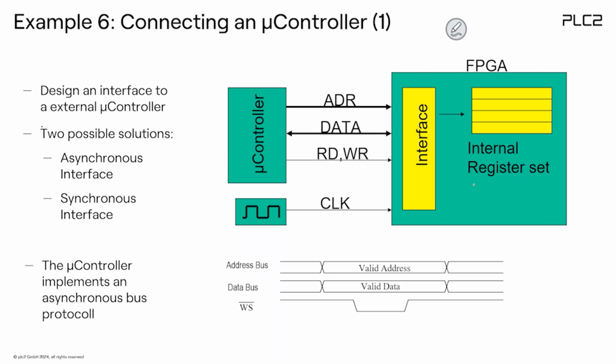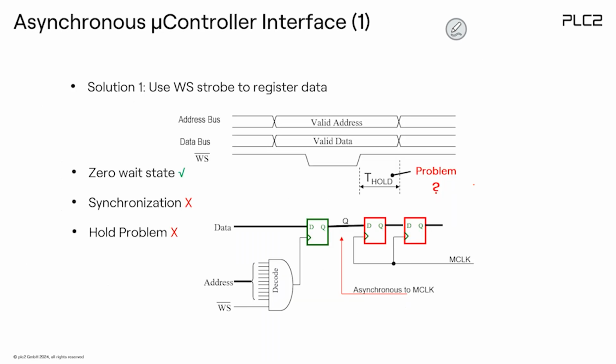Or, for example, for the microcontroller, let's assume we do have something like this. We have an address bus, a simple data bus, and a write strobe, just to keep it simple. That's all. I would like to access the data, to implement a write register. So I could do something like this. I take this data bus from the microcontroller here, and that would be my FPGA right here.